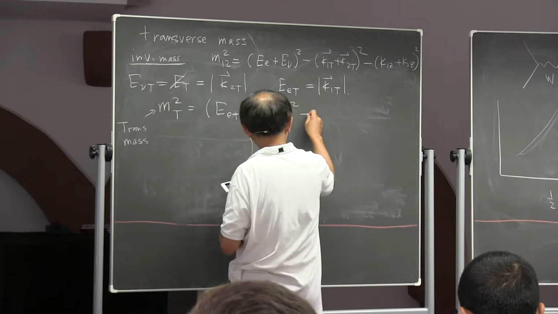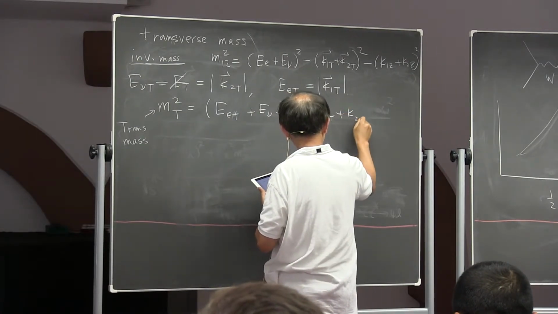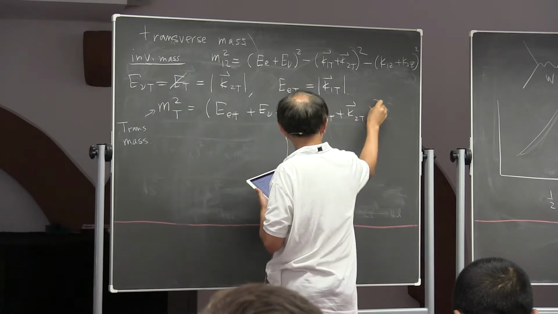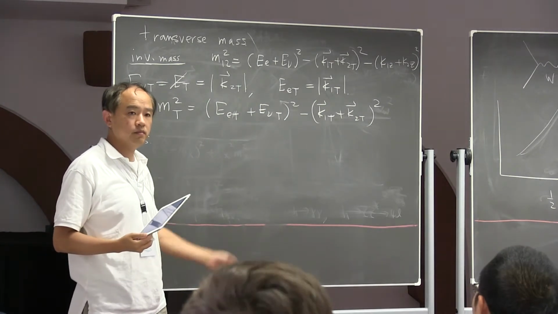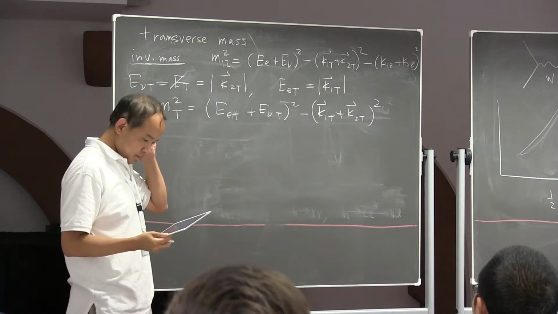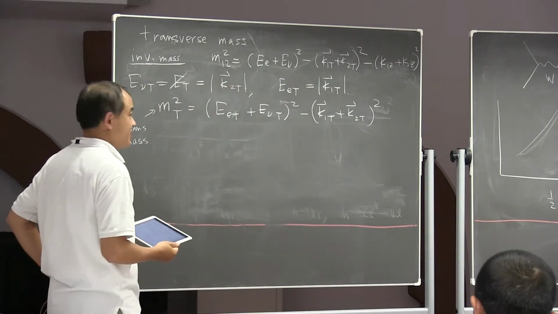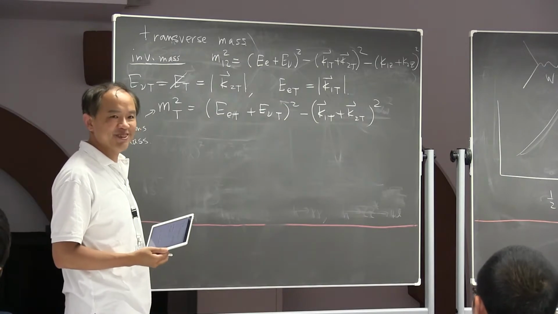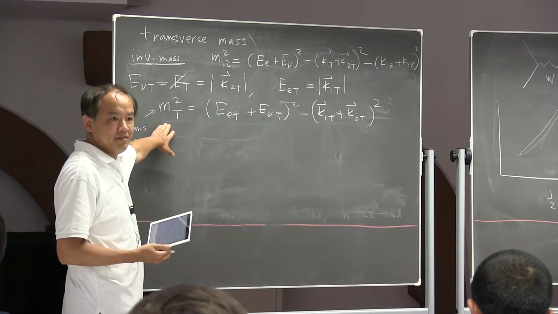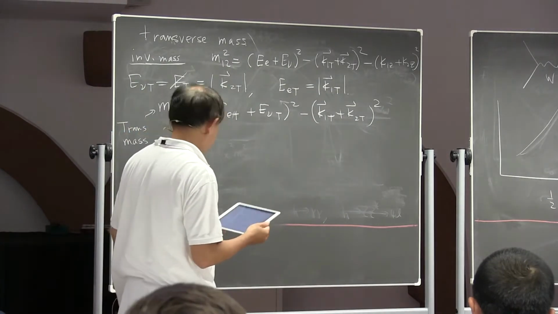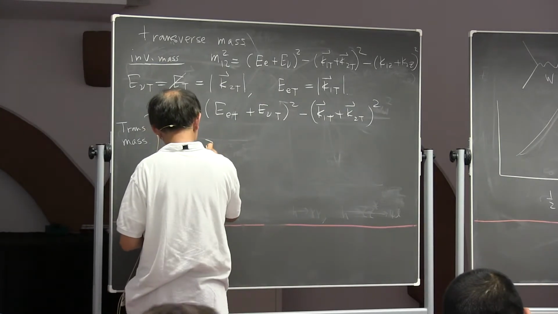And minus K1T plus K2T square, and not including that. Now it's an exercise for you to show that this still has an endpoint, in the sense that you can show that M12 square is greater than MT square.